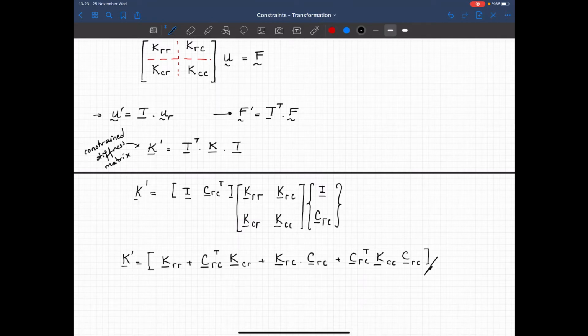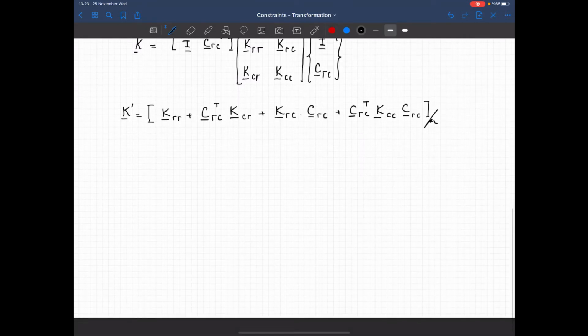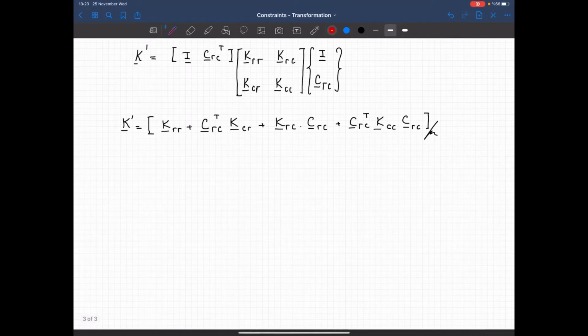And this will give me the new constrained stiffness matrix. Okay? Now you will better understand when we go back to our example problem.